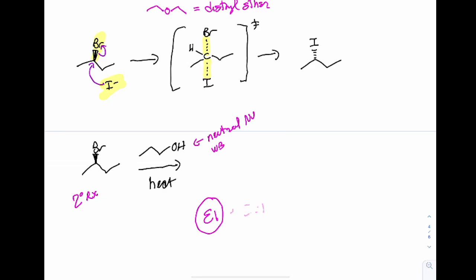E1, dang, sorry guys. It's going to prefer E1. If I didn't have heat, I'm actually going to get both the E1 and the SN1 product. So I'm just going to get the eliminated product for this one. I am going to follow Zaitsev's rule. I don't have any carbocation rearrangements, so that is going to be my product.